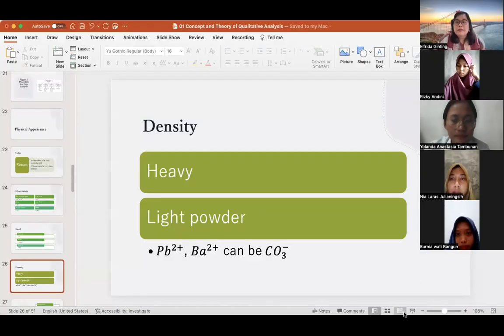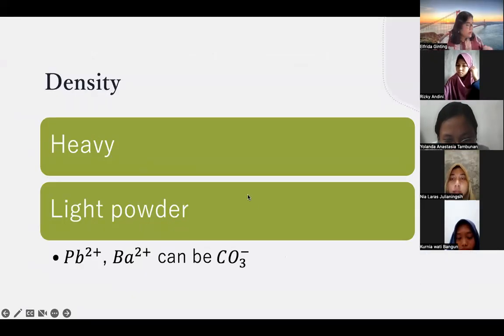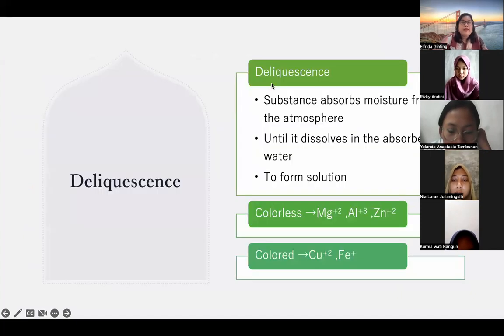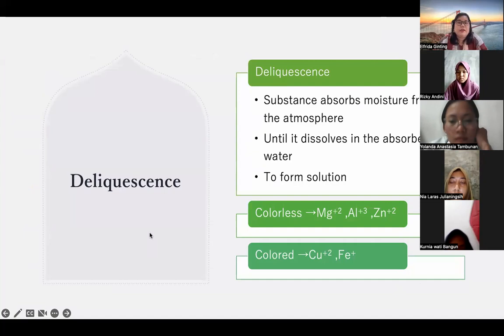So did you guys finish writing down this one? Finished, ma'am. Okay. Now, next, deliquescence. So what is the meaning of deliquescence? Deliquescence here means when you have a substance that can absorb moisture.